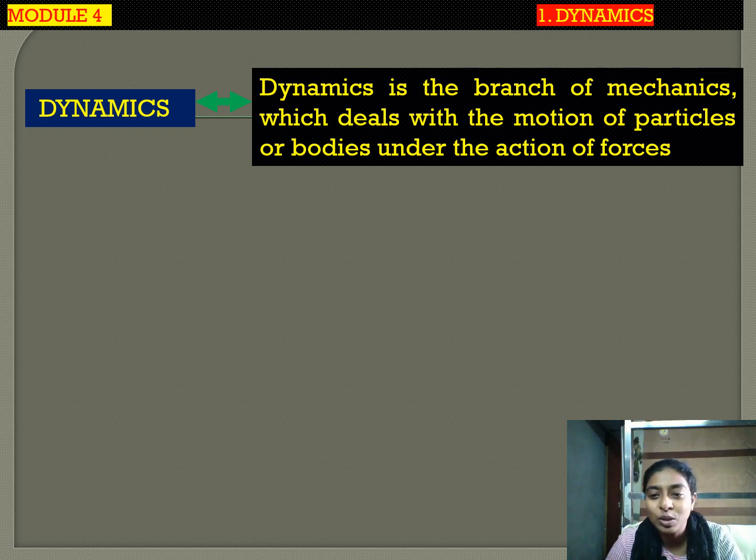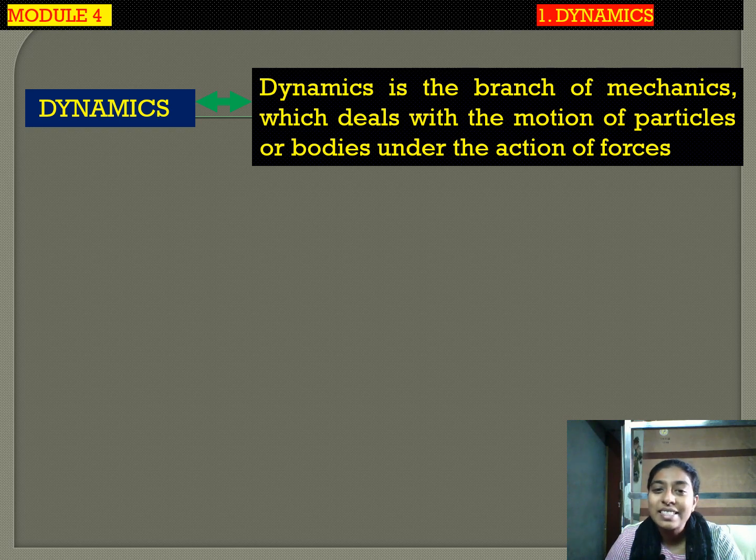Laws of mechanics we know, it's Newton's laws, Newton's first law, Newton's second law, Newton's third law, gravitational law, sine law, etc. So these are the laws of mechanics. Mechanics you can find everywhere in nature. And when we apply this concept of mechanics for engineering, we call it engineering mechanics.